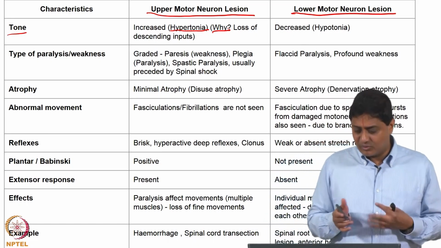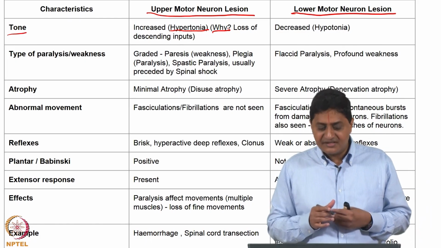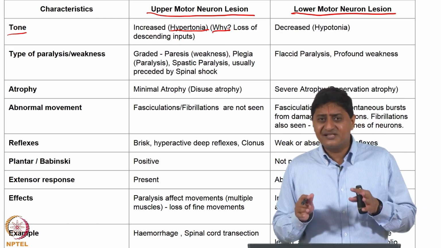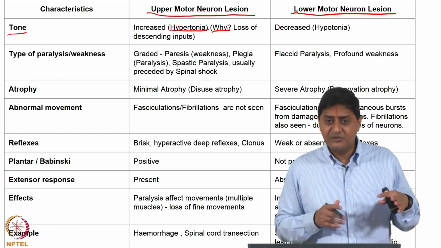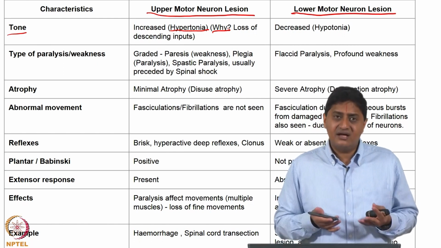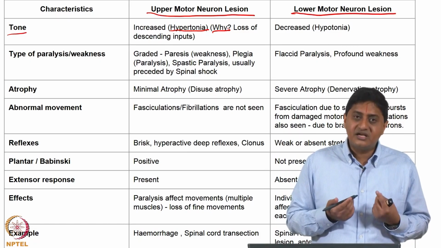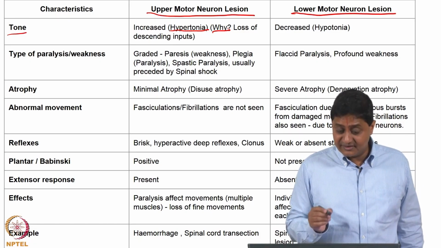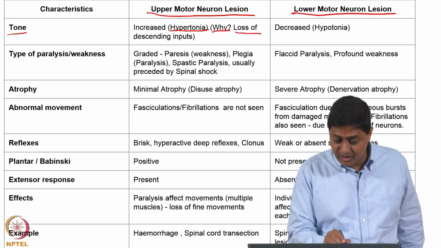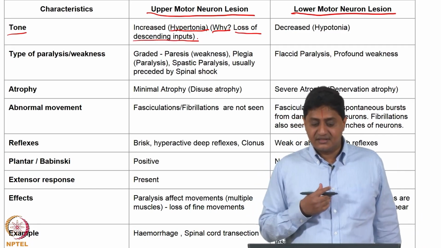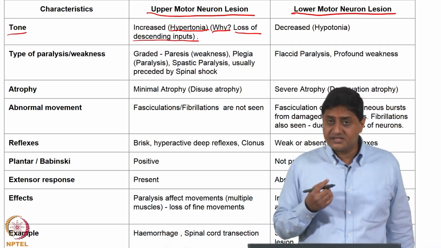It would appear that much of the descending inputs are inhibitory, but in general much of the descending input is gone. Removal of these inputs causes the tone to ultimately increase. So it is the loss of the descending inputs, or the complicated nature of these descending inputs, that cause this increased tone.